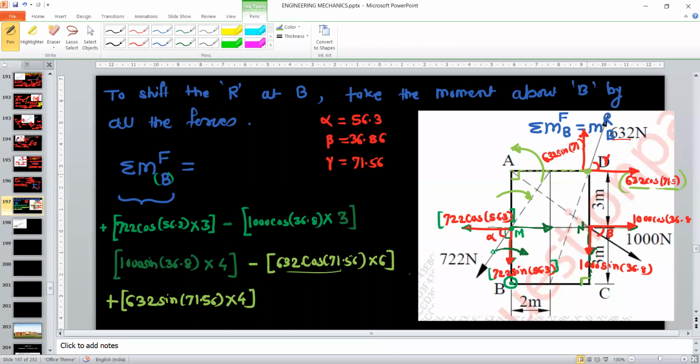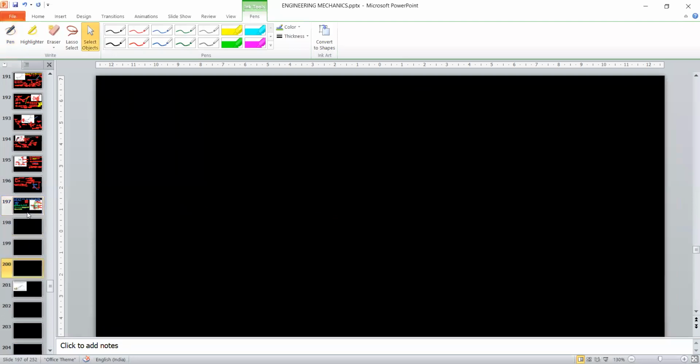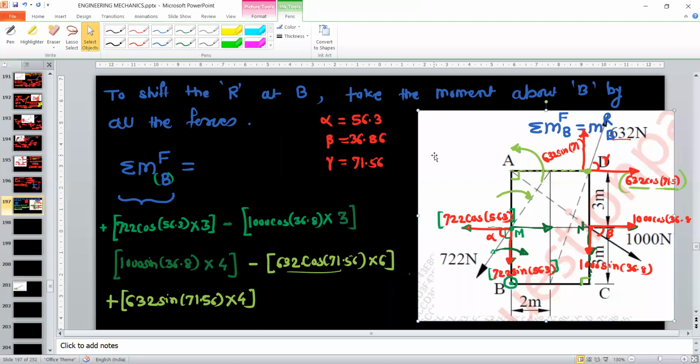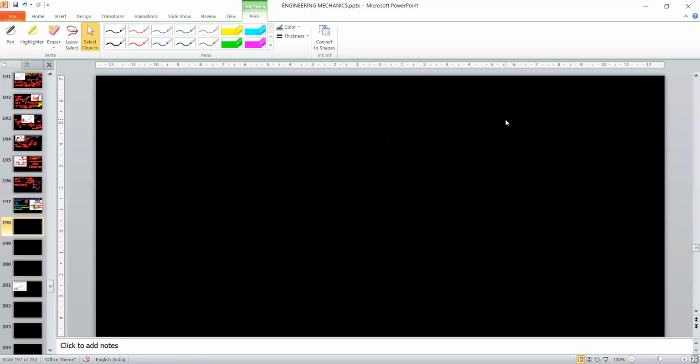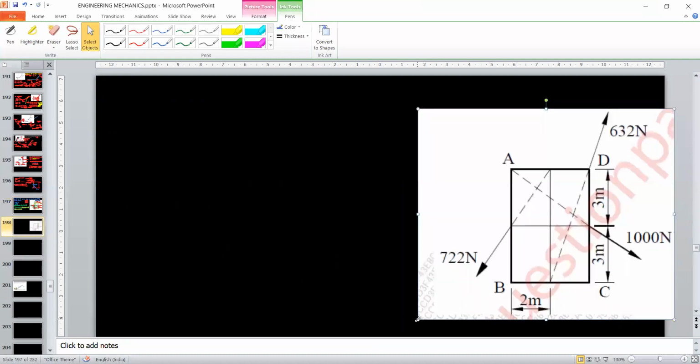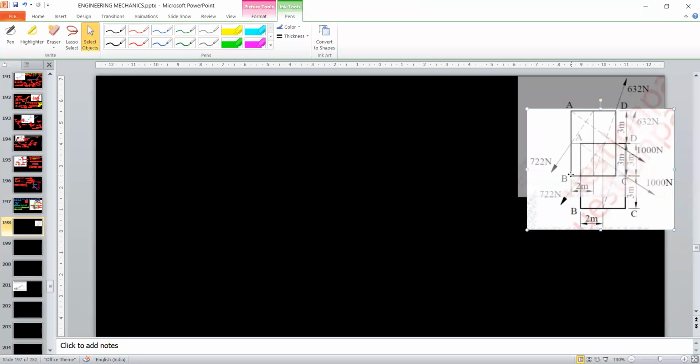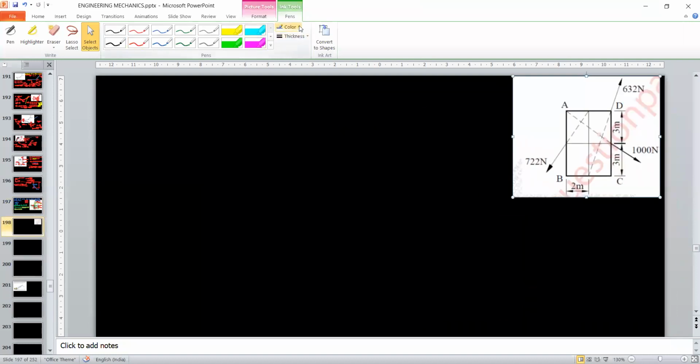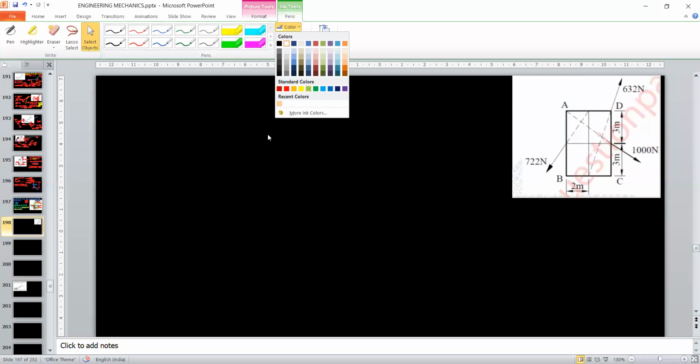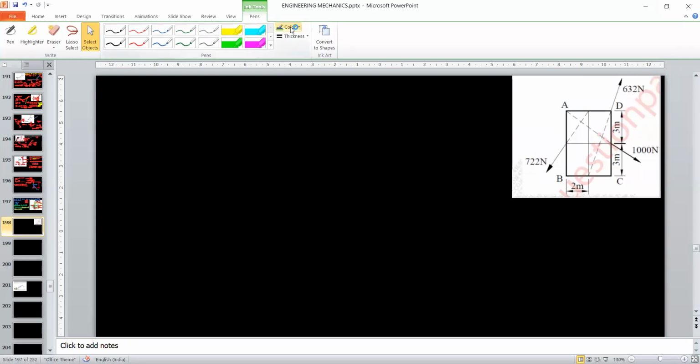I will show for the point D separately so that you can understand. So this is the point B. This is your point D. And at the point D, we have two components.